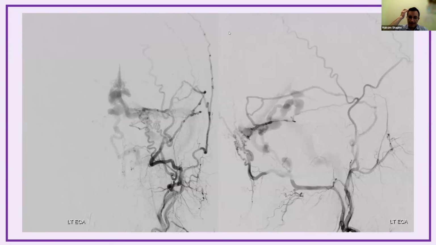It doesn't drain into a named sinus, like the transverse sinus or straight sinus. It drains into some cerebellar vein, right? So the NYU way is to call it a tentorial fistula. I think probably a lot of us would call it that, right? It's dural, it's draining.